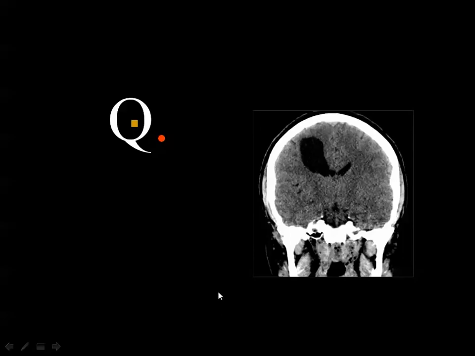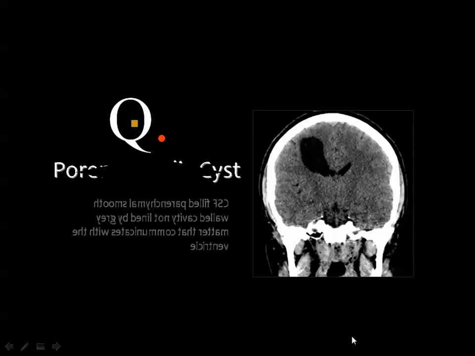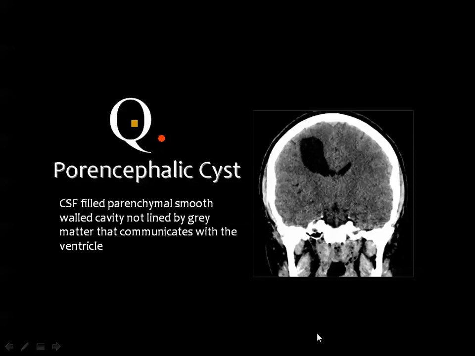Showing a cystic CSF containing lesion in the right frontal area connected directly to the adjacent part of the right lateral ventricle. Diagnostic of encephalic cyst. No evidence of surrounding perifocal brain edema or mass effect or enhancement.